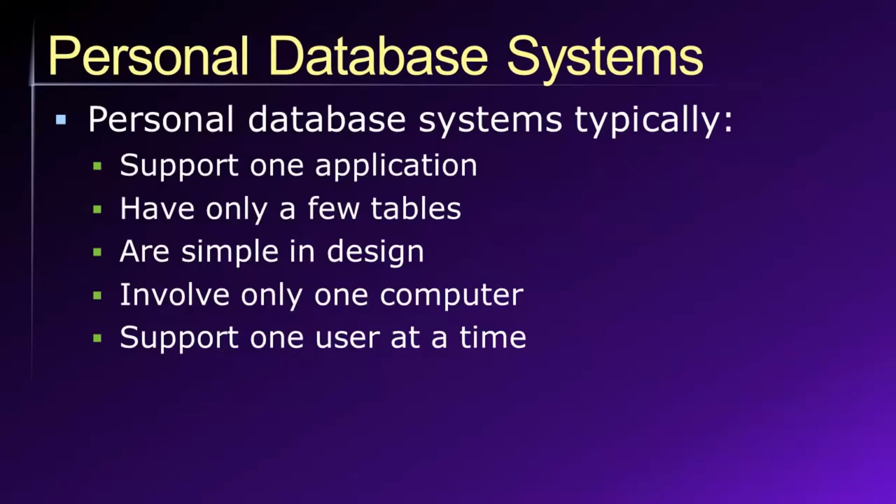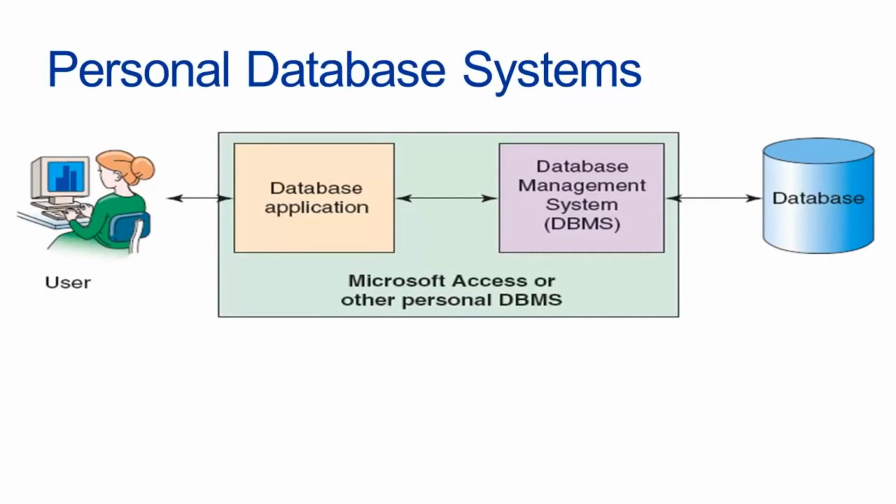An example of a personal database system might be Microsoft Access. Convenient, easy to use, but not very powerful. One of the interesting characteristics of personal database systems is that they often contain the capability to build a database application, or at least interfaces to the database within the DBMS.